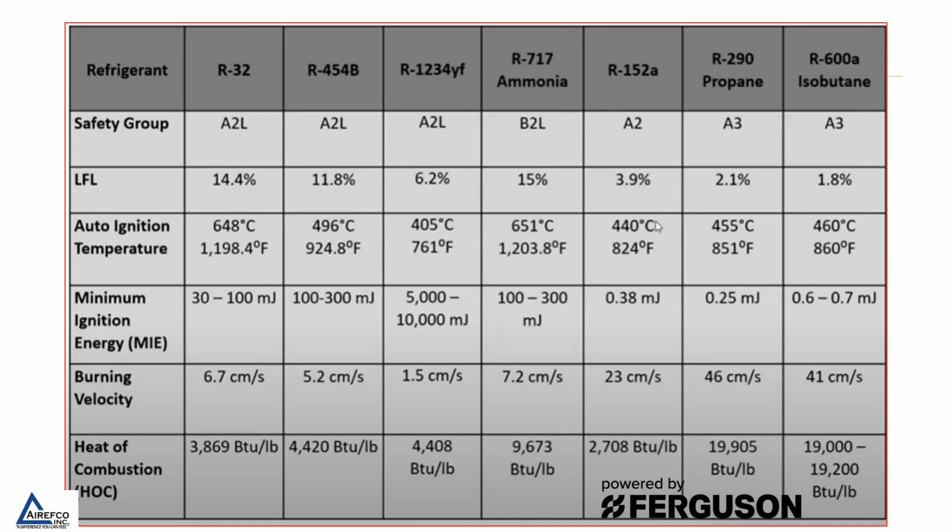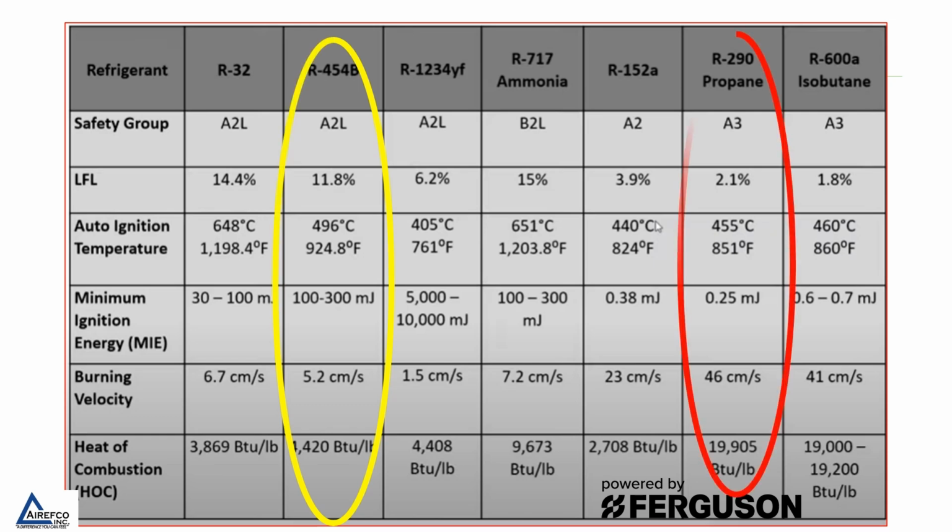On this chart, we're comparing various A2L refrigerants along with a couple of A3 refrigerants, which are highly flammable. R454B is an A2L refrigerant. R290 is an A3 refrigerant, and it is propane. The lower flame limit for R454B is 11.8%, whereas with propane it's 2.1.